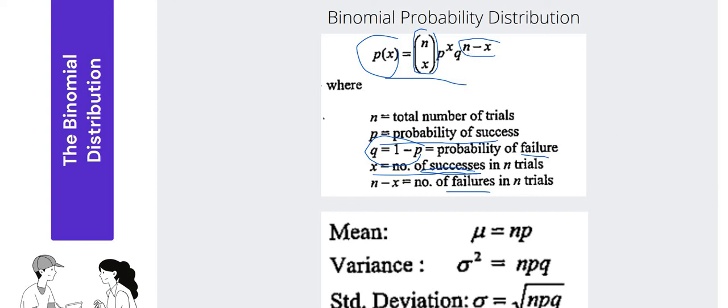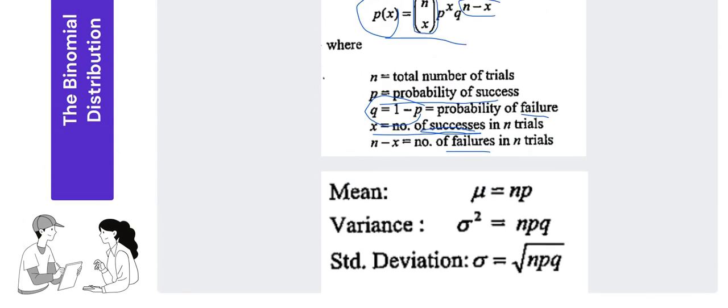Alright. So we also have the mean, variance and standard deviation. I just focus on mean and variance because we know that standard deviation comes from the variance, the square root of variance. For binomial distribution, this is the mean formula: mu is equal to NP. Please class, I hope you are still familiar with the term: mean and expected value are the same thing.